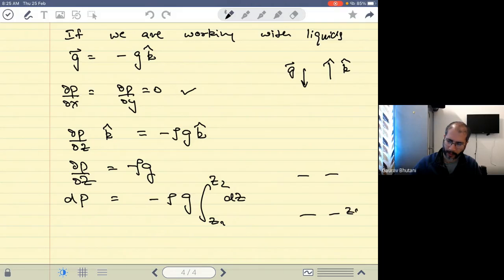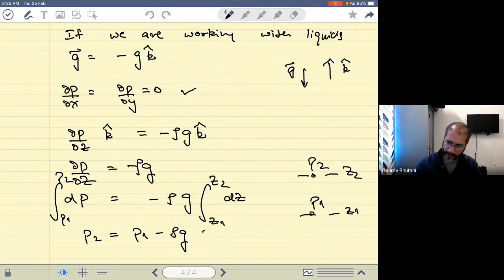This is my z1 and this is my z2, and I have P2 pressure here and P1 here. So this integral from P1 to P2 gives me P2 being equal to P1 minus rho g, and then you have Z2 minus Z1.